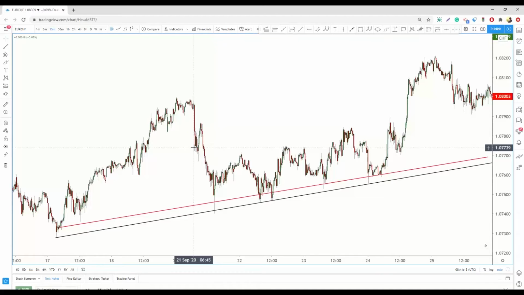Guys, which one looks nicer, red or black? Okay, it's about 70% who say black and 30% who say red.